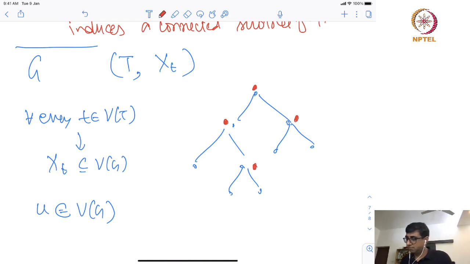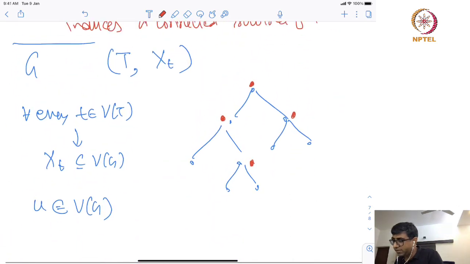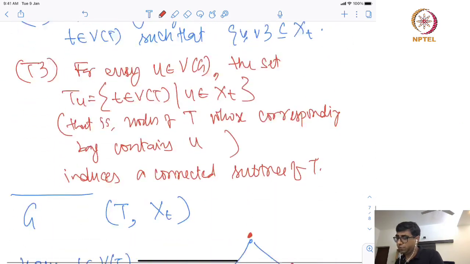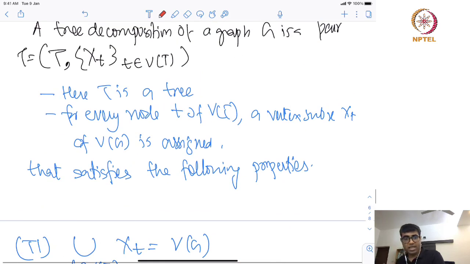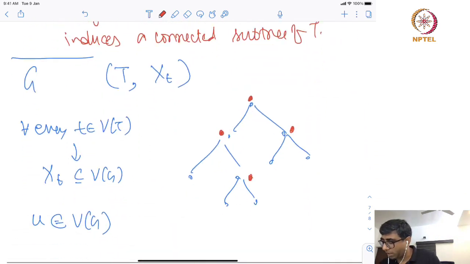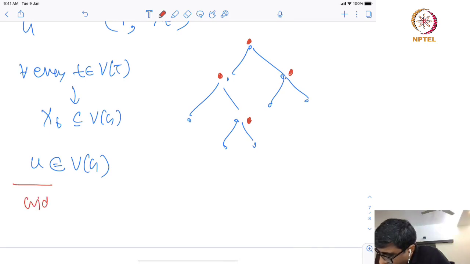Okay, so that was to give you some basics. This is the definition of a tree decomposition of a graph. A tree decomposition of a graph is a pair (T, X_t) which satisfies some properties. And what is the width of a tree decomposition?